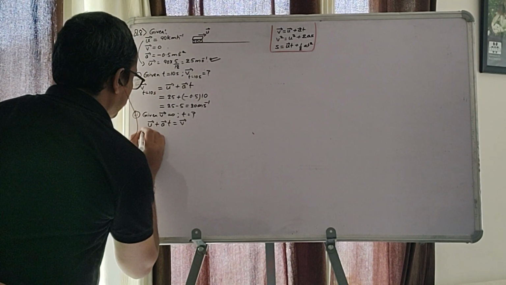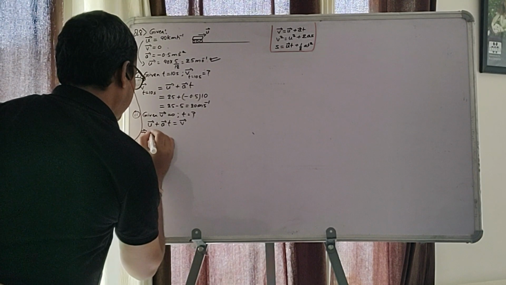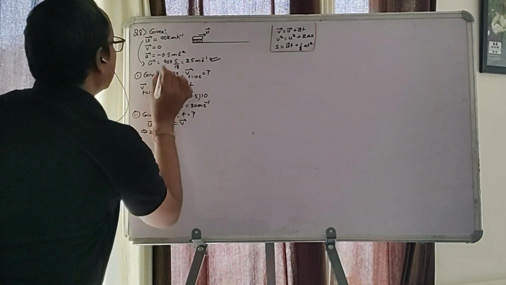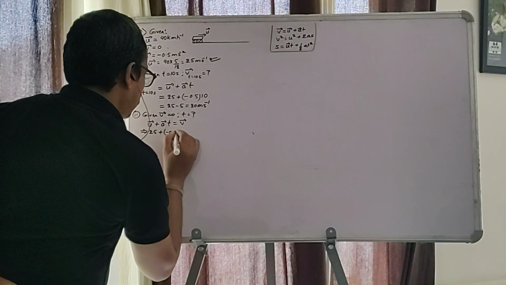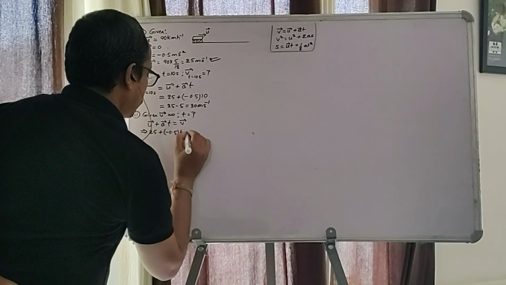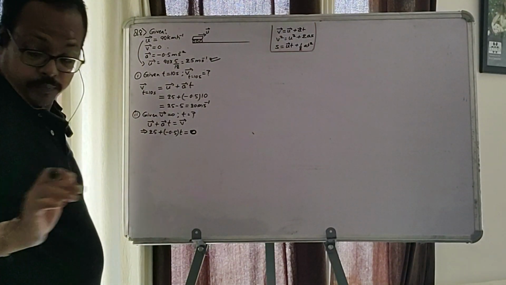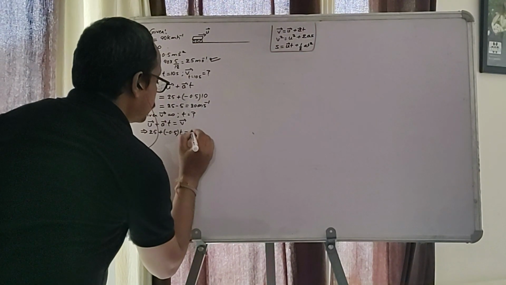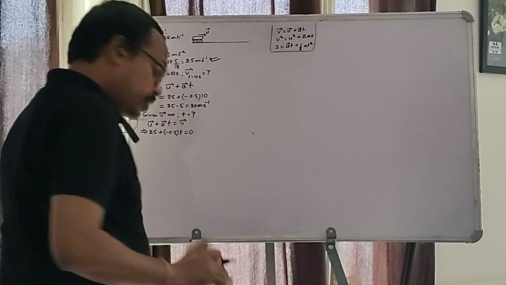What is the value of u? u is 25, plus a is minus 0.5, t is t. v is 0. v is 0 because after how much time is the train going to stop?